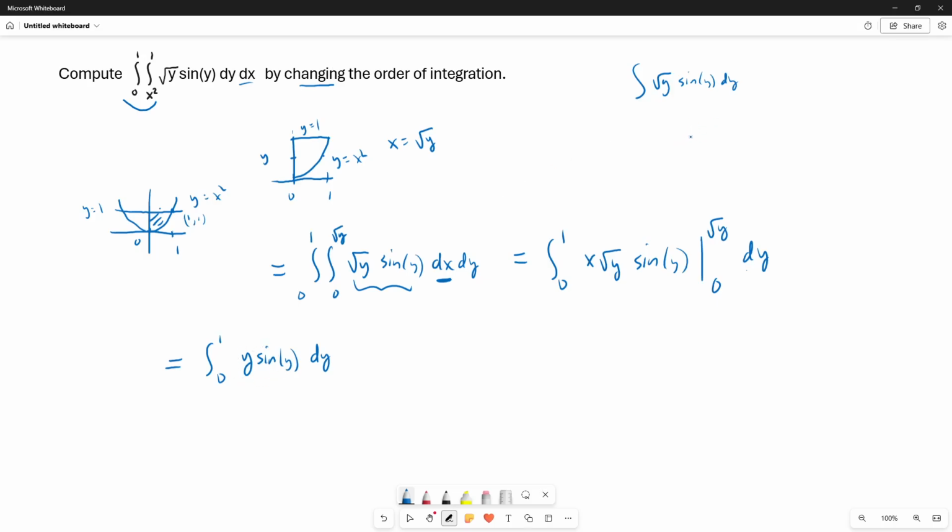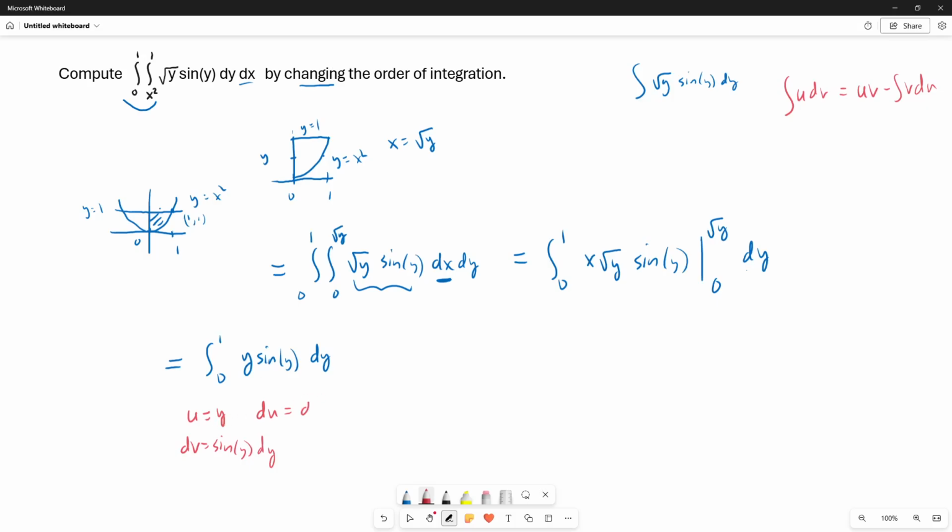So the integration by parts formula says the integral of u dv is equal to uv minus the integral of v du. So in this particular case, we're going to choose u to be y, and dv is then sine of y dy, and then we compute du.